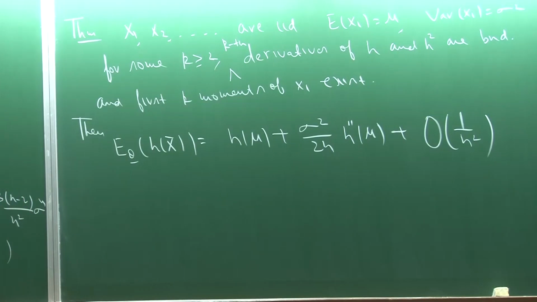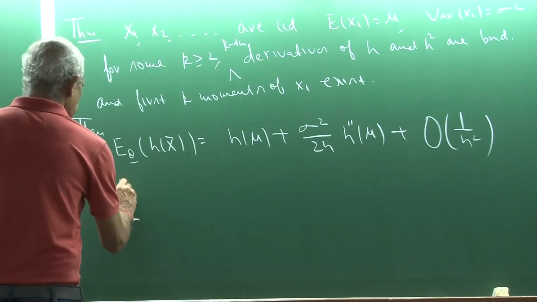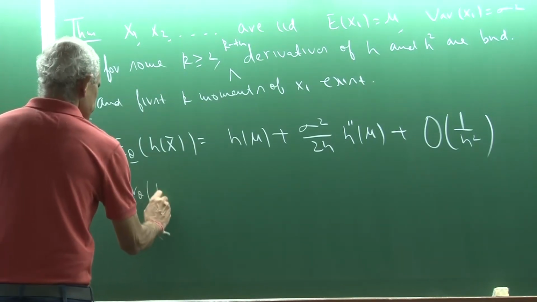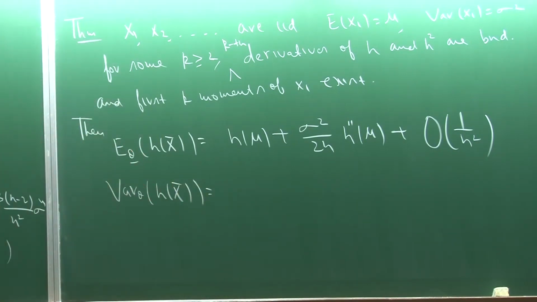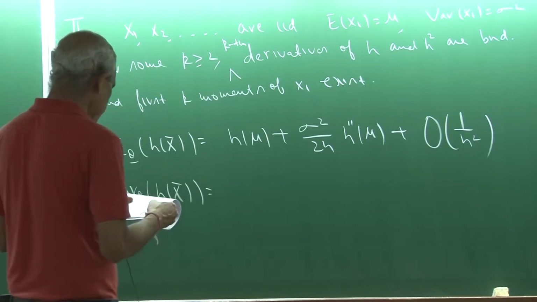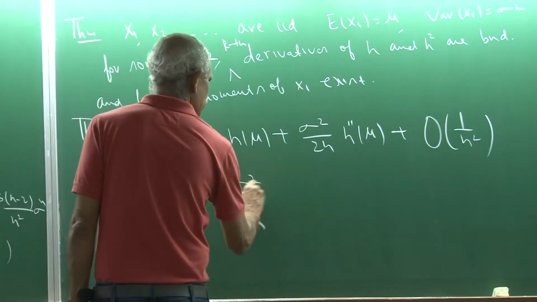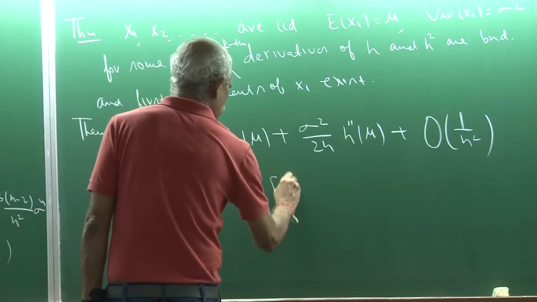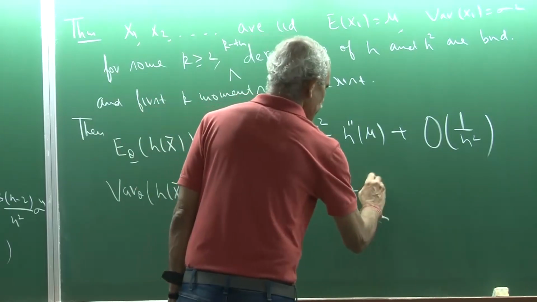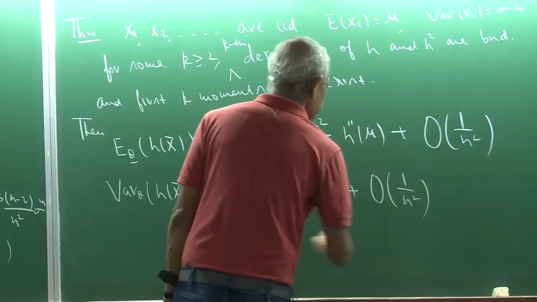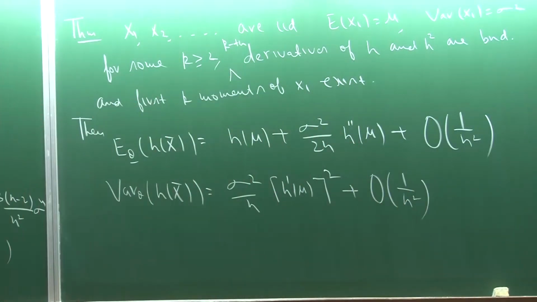And then variance of h of x bar is the same as sigma square by n h prime mu whole square plus big O 1 by n square. So this gives you the orders of expressions for the mean and variance of any function of x bar.